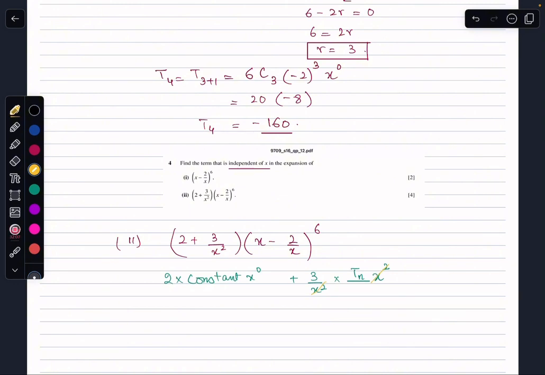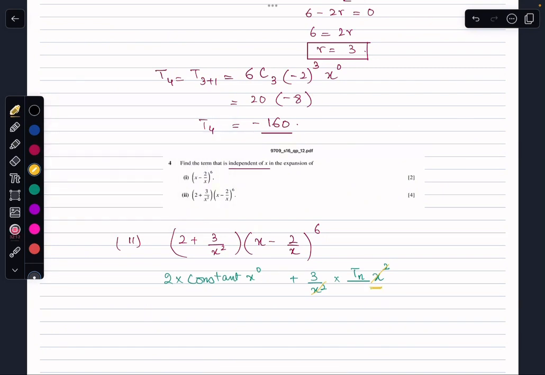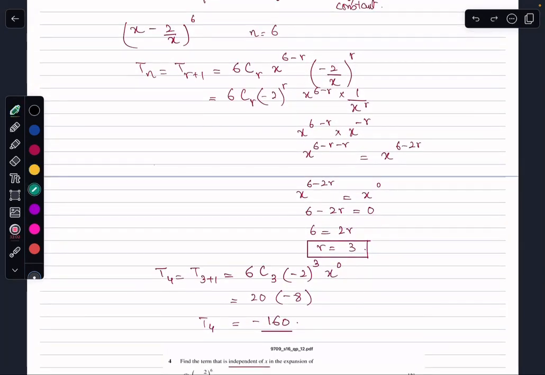So now I should find the term in x square, which when multiplied by 3 by x square gives a term independent of x. I already have the term formula: Tn, which equals Tr plus 1, and that shall be equal to 6Cr negative 2 to the power r and x to the power 6 minus 2r.